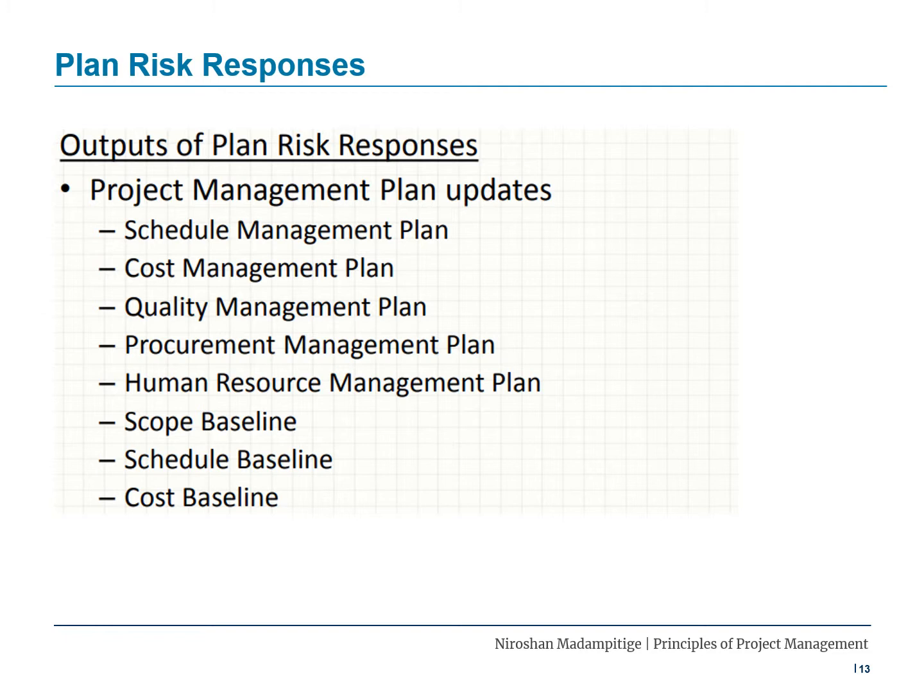So what do you update there? Schedule management plan, cost management plan, quality management plan, procurement management plan, human resource management plan, scope baseline, schedule baseline, and cost baseline. In case any of these documents or management plans are affected, you have to go and update that.